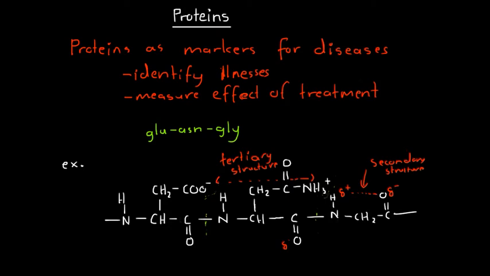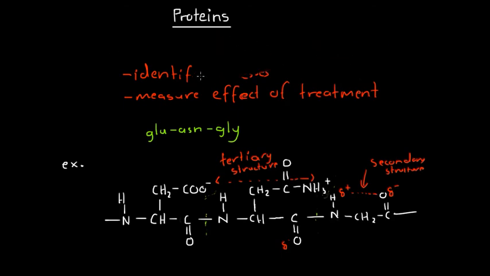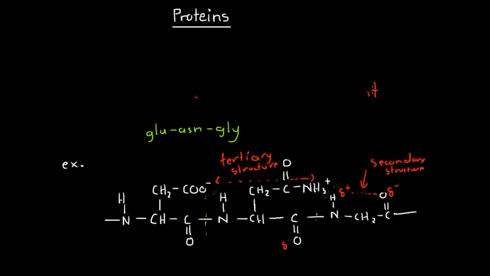Now, if we wanted to look at other types of bonding that can affect the tertiary structure, not only is it bonds between ionic Z groups like that, we can also have the tertiary structure being affected by a few other types of attraction.